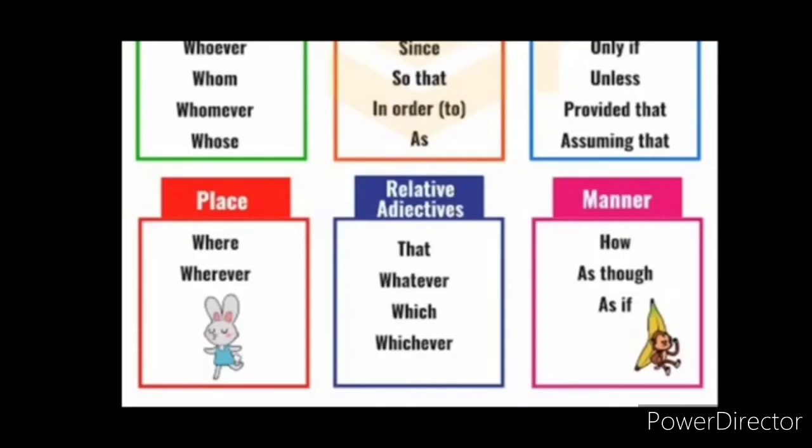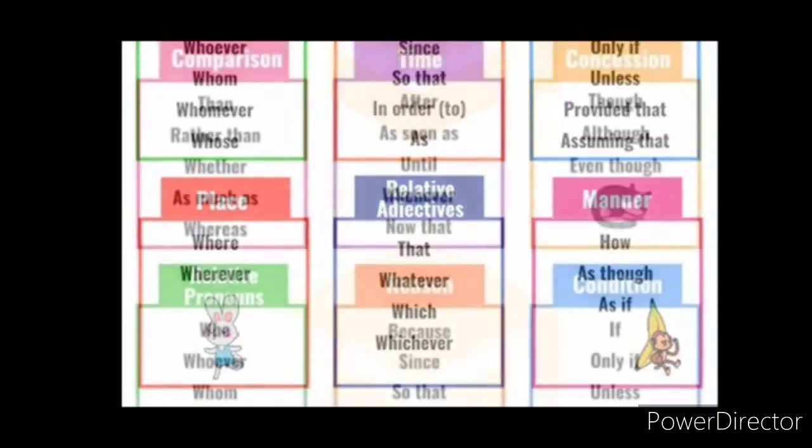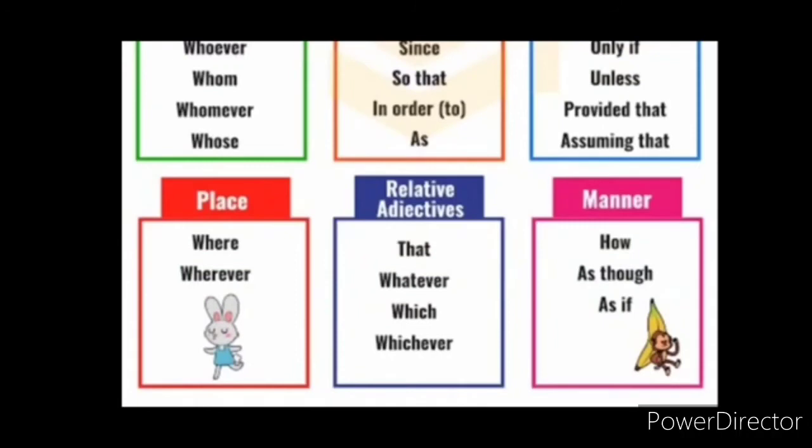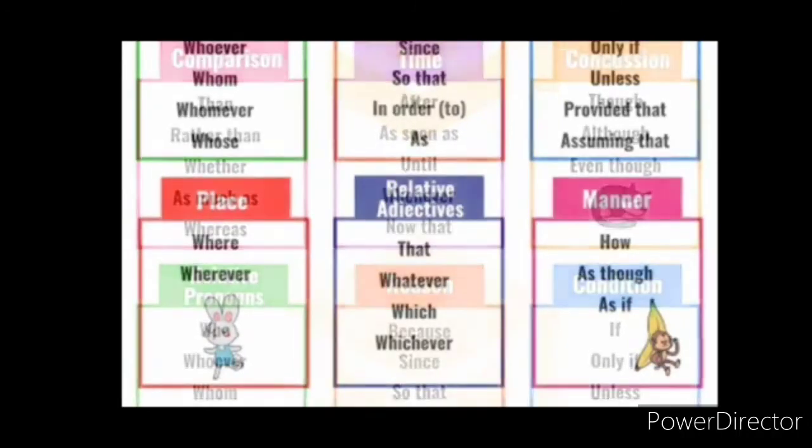Then relative adjective. To show the relative adjective, we have that, whatever, which, and whichever. Finally, to show the manner, we have how, as if.